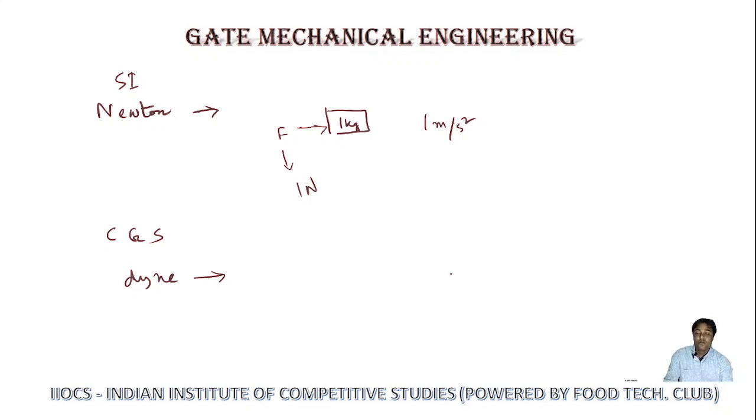So what will be the definition of 1 dyne? That means 1 gram of mass is there, and you generate 1 centimeter per second square of acceleration by applying a force, and that amount of force is called 1 dyne.